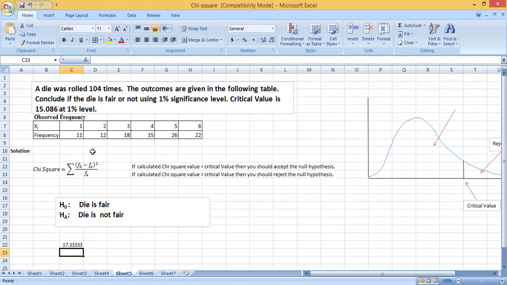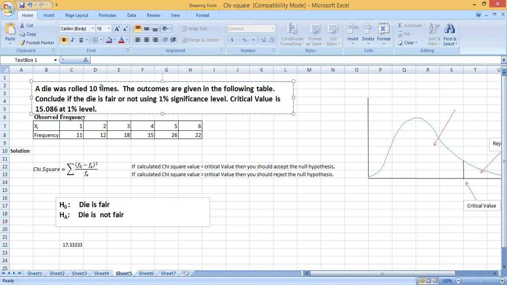So I can change some values here. If I make it 4 and 2, then it is 102.